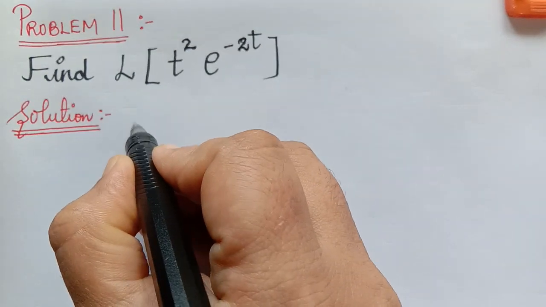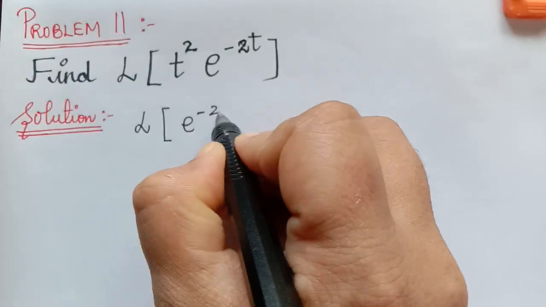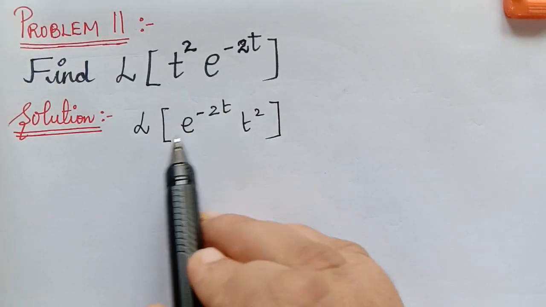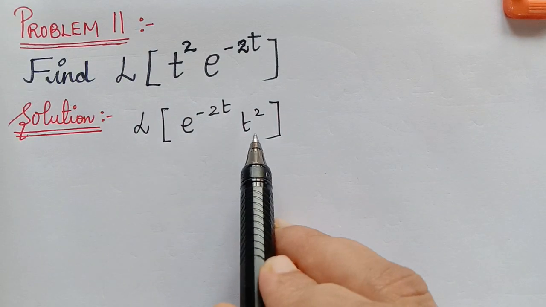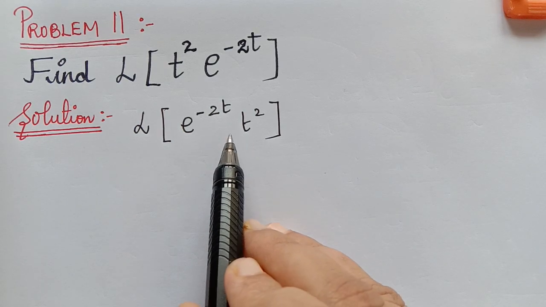This question can also be rewritten as the Laplace transform of e to the power negative 2t times t square. I have rewritten this in order to show you how to apply the first shifting theorem. What does the first shifting theorem say?